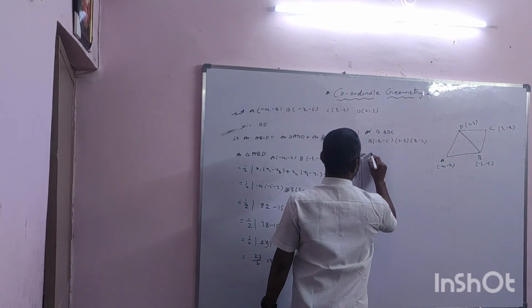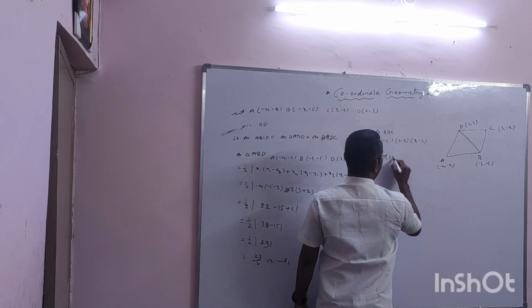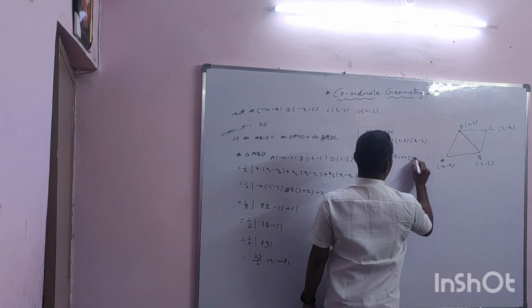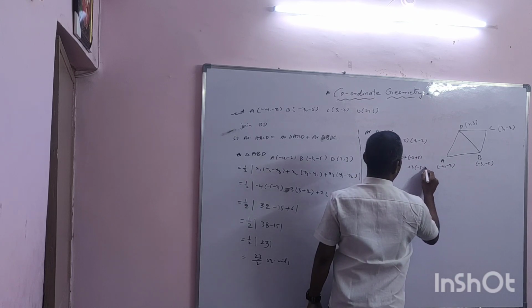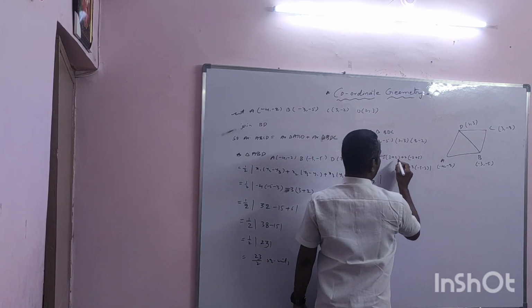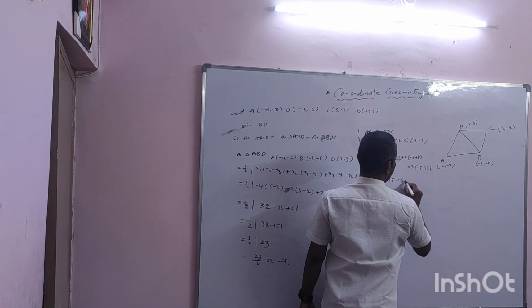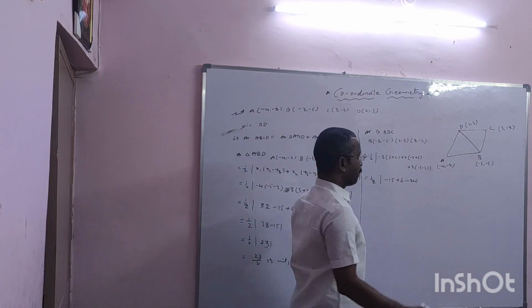Now again, delta equals half of x1, minus 3, times 3 plus 2, plus 2 of y3 minus y1, minus 2 plus 5, plus 3 of minus 5 minus 3. Half of 3 plus 2 is 5, 5 into minus 15; 3 twos are 6; minus 24. Is that correct?